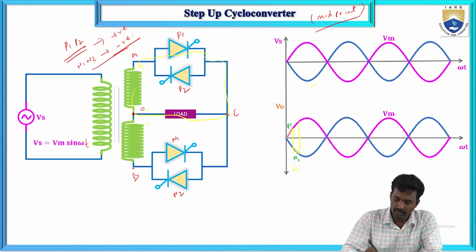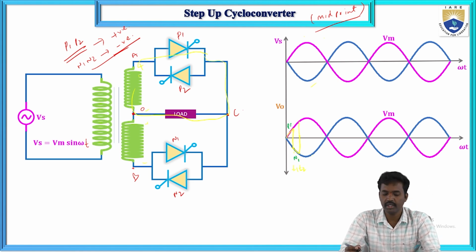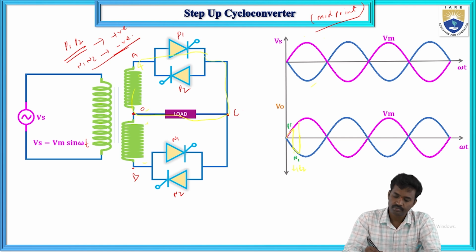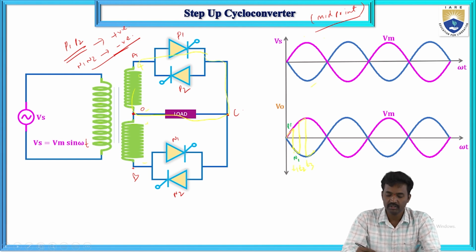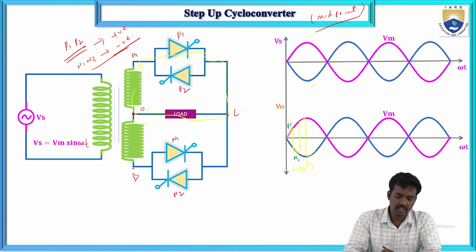After T2, again the P1 switch will conduct. Again the P1 switch conducts, and at T3 again the N1 switch will conduct. Sorry, N2. So this is N2, P1 and N2.